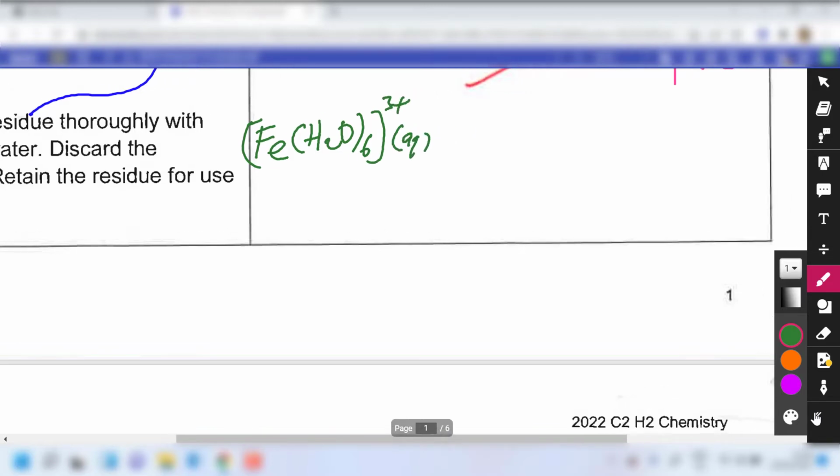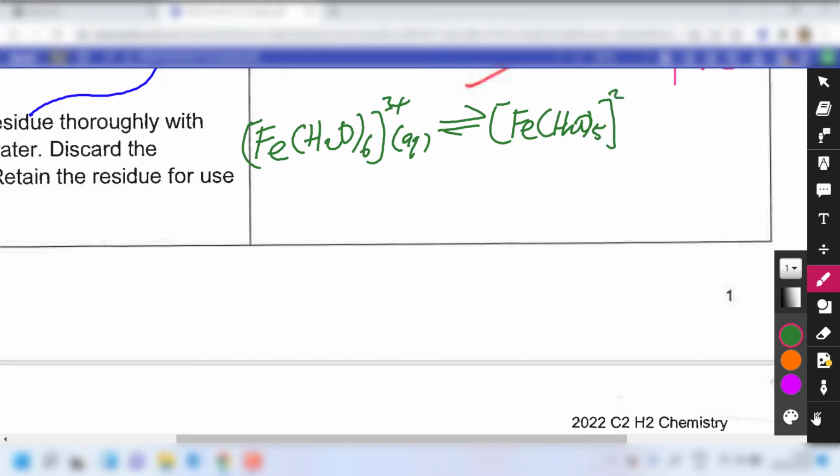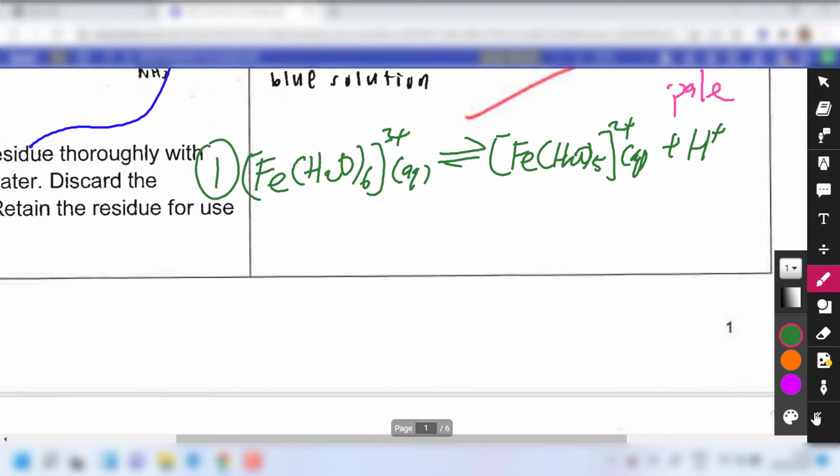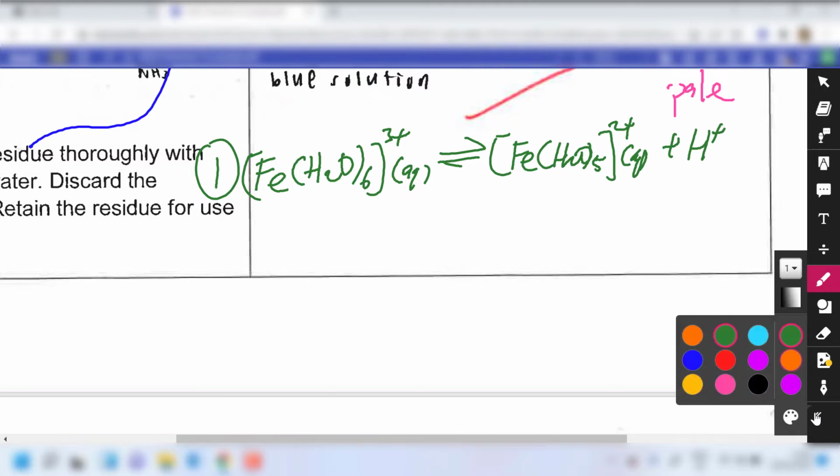And being a cation with a high charge density, it will ionize partially to give us Fe(H2O)5(OH) 2 plus as well as H plus. So the presence of a cation with high charge density will result in it undergoing hydrolysis, or partial hydrolysis, if you want to be more specific.